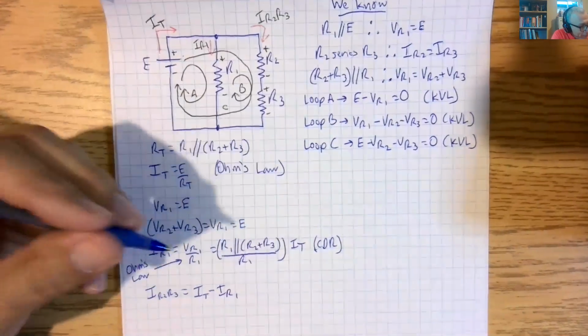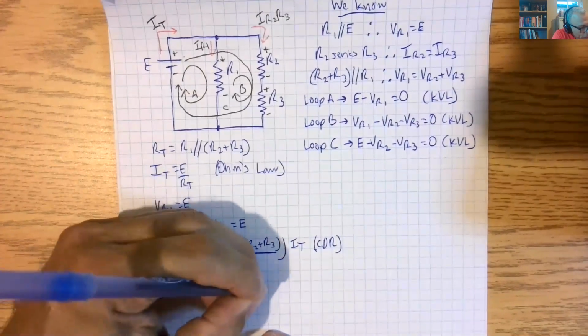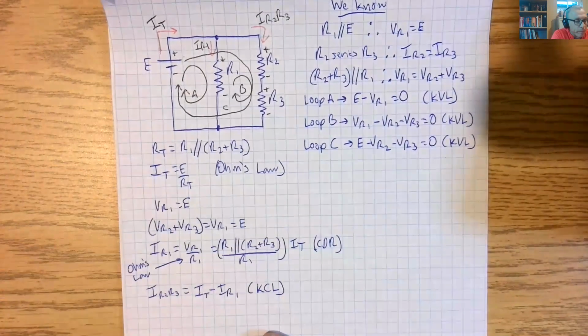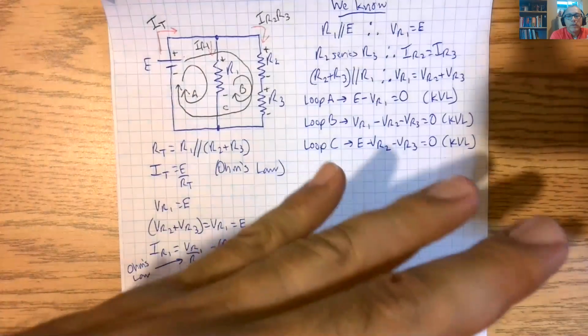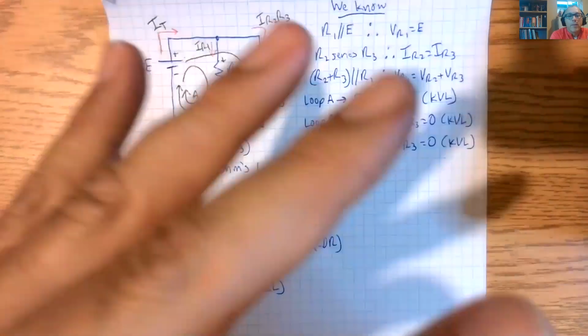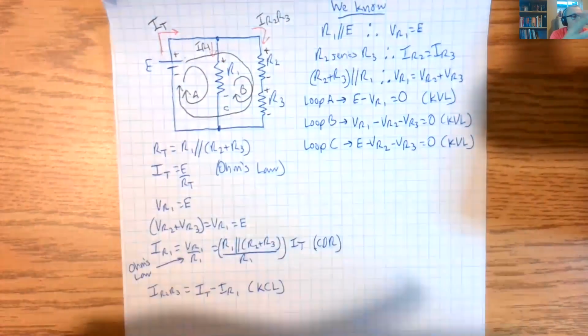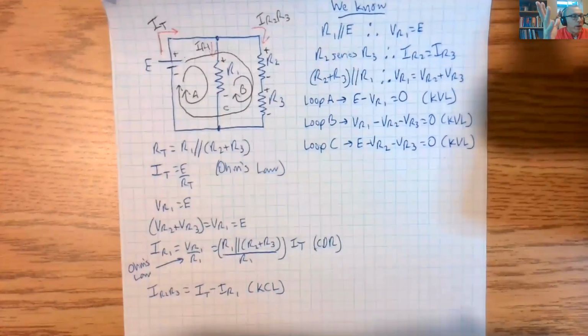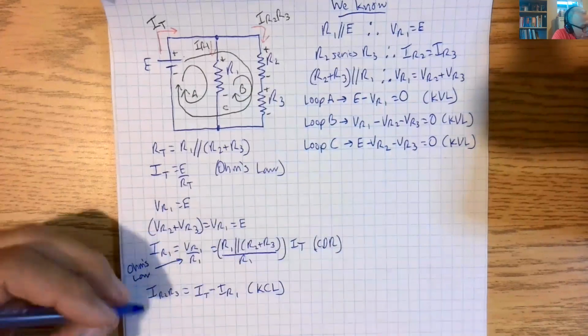And that is Kirchhoff's current law. So if you can see what I'm talking about, you have to understand how it works. You just can't memorize what R1 equals, what R2 equals, what IR3 equals, because it always changes depending on the circuit.